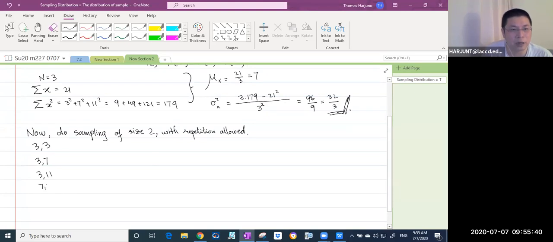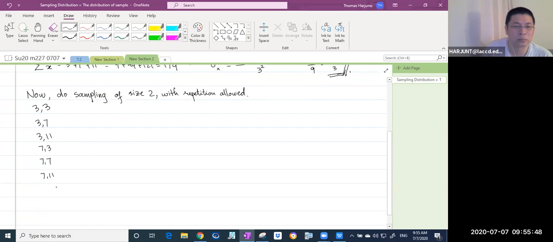Or 7 and then 3, 7 and then 7, 7 and then 11, 11 and then 3, 11 and then 7, 11 and then 11. These are all possible sample of size 2.